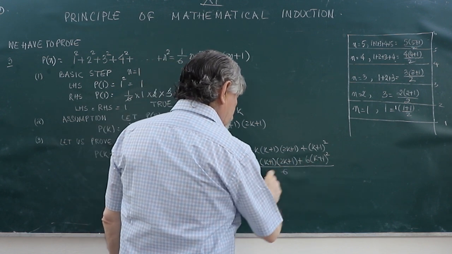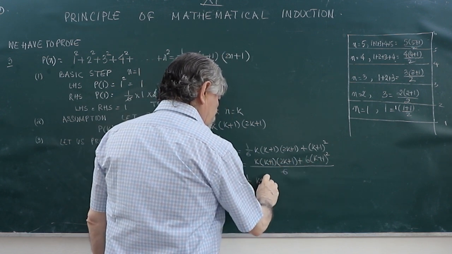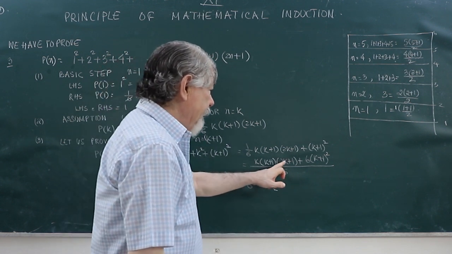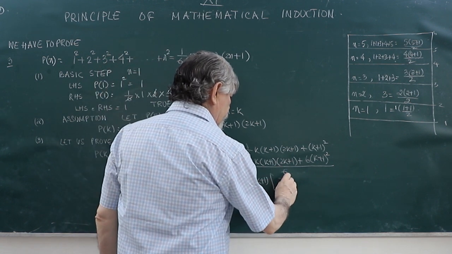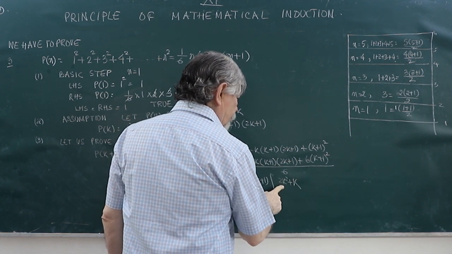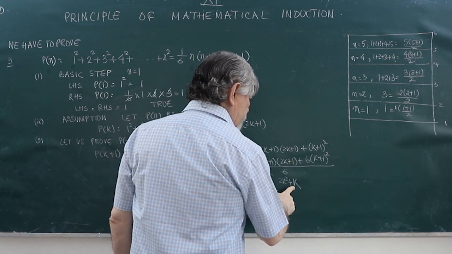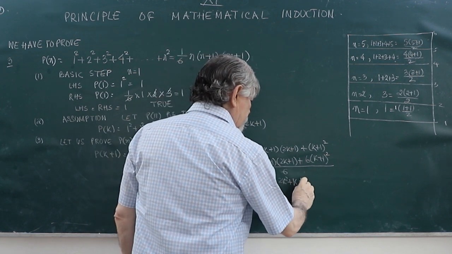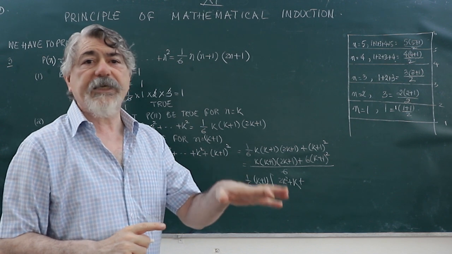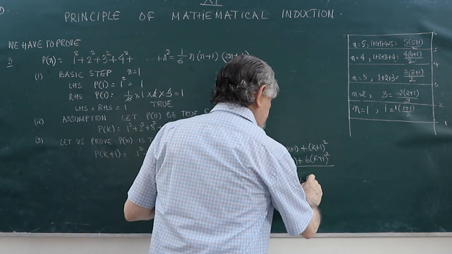Out of this you can take out k plus 1 common. What will be left inside? K into 2k plus 1, which is 2k square plus k. K will multiply 2k, will give you 2k square. K into 1 will give you k. Plus, k plus 1 has come out. Only k plus 1 remains. So 6k plus 6.